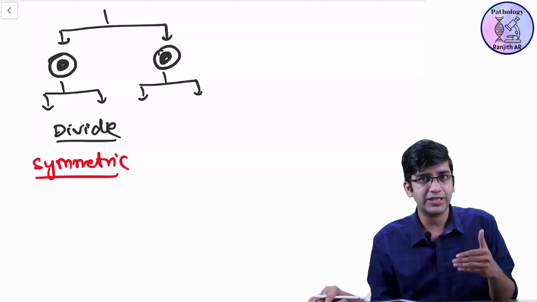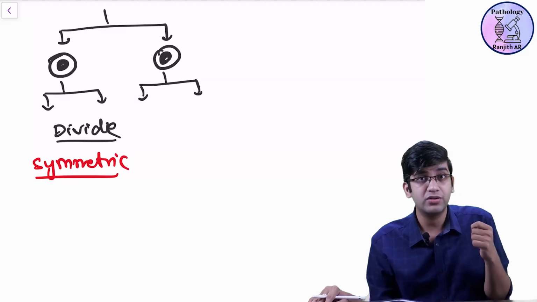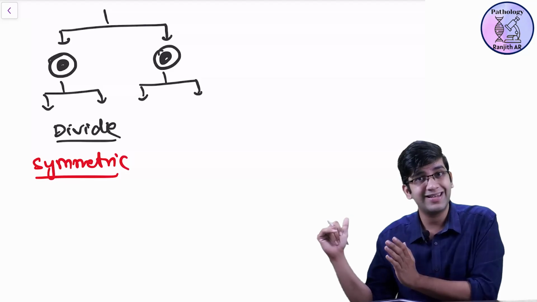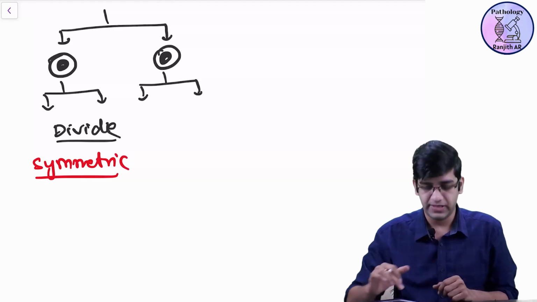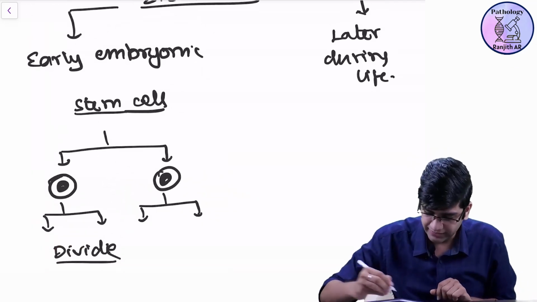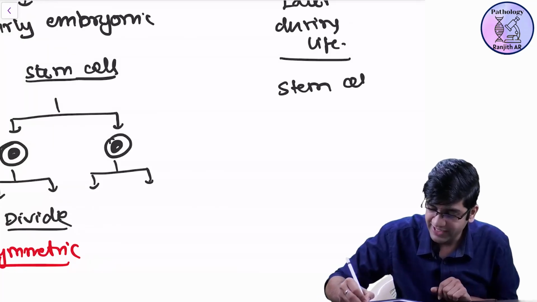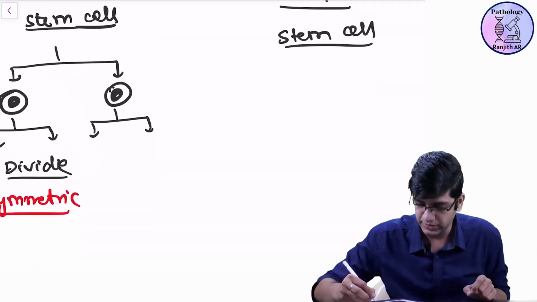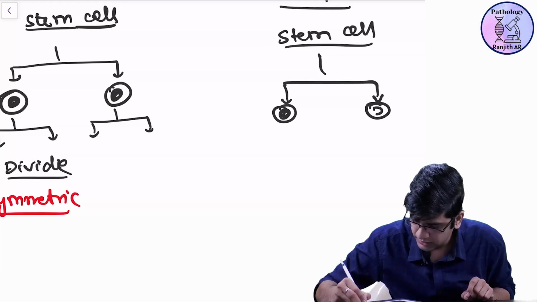Obviously, the function after a certain point is to create function, right? It has to create a unique specialized tissue. That's what happens to the stem cell in later life. We call it an asymmetric division, and I'll tell you what it means. Later during life, we have stem cells, and we don't have a defining point of which is early and which is late, but they will divide, the same thing we saw, into two new cells.